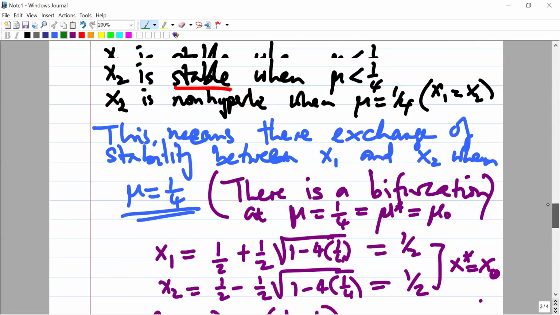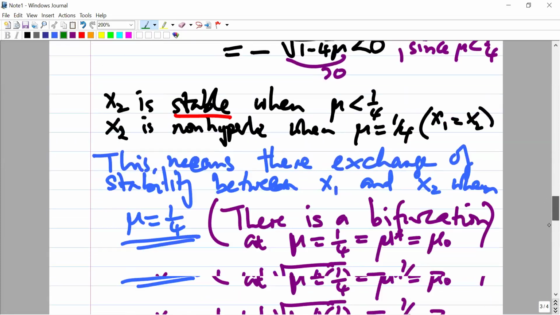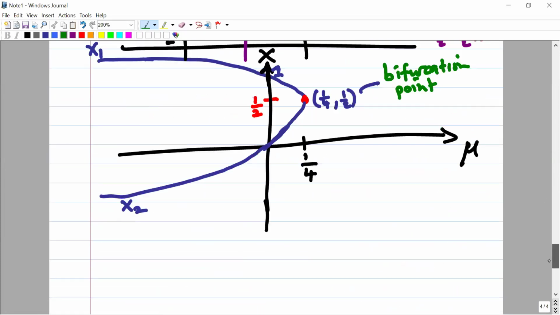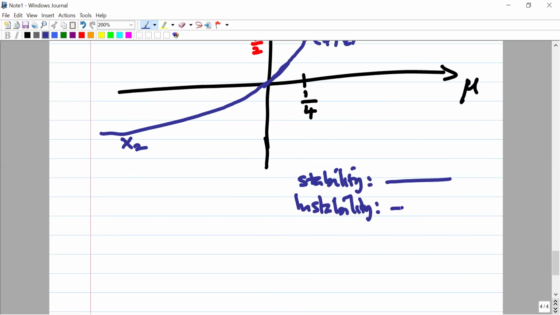But let's look at this. x1 is unstable. So we will represent stability with a bold curve, and instability we represent with dashed lines.